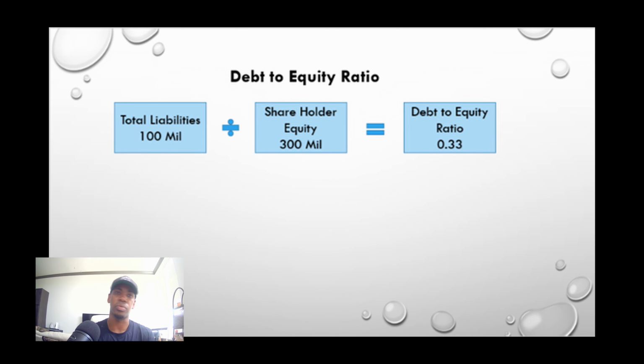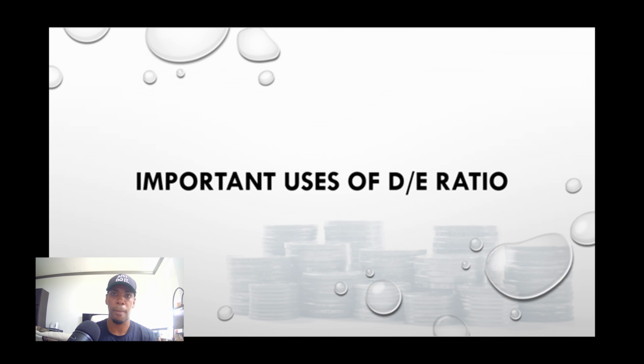So as an example, say company CYX has 100 million total liabilities and a shareholder equity of 300 million. D/E ratio is 0.33. So investors will typically use the D/E ratio to assess a company's level of leverage, right? Which could cause them a significant risk during a market downturn.